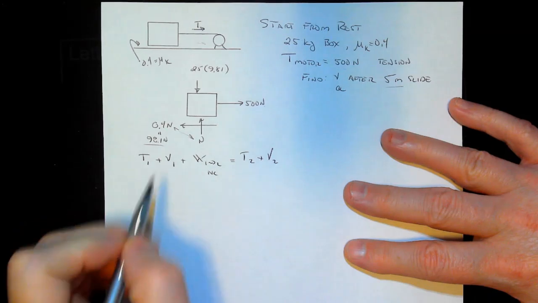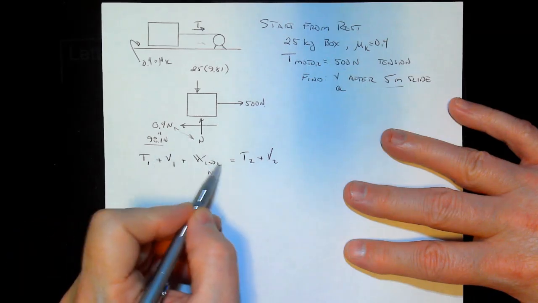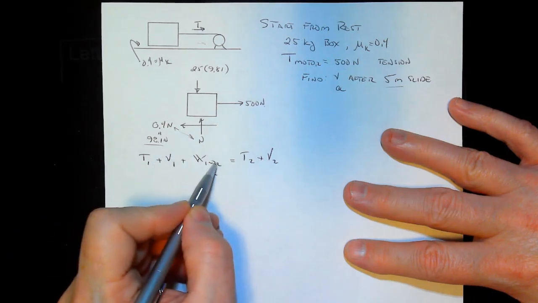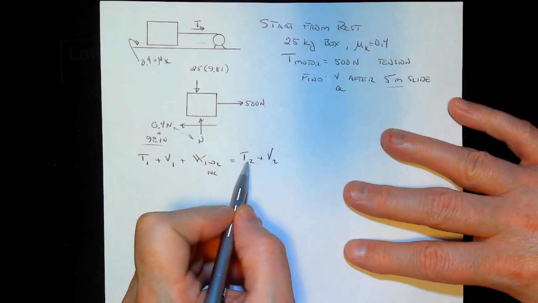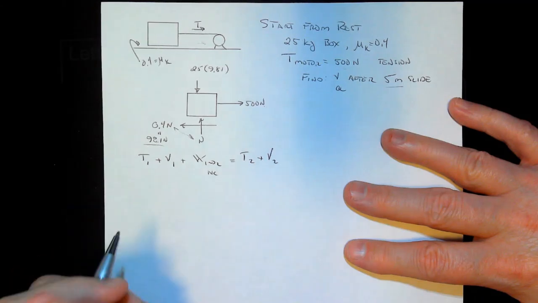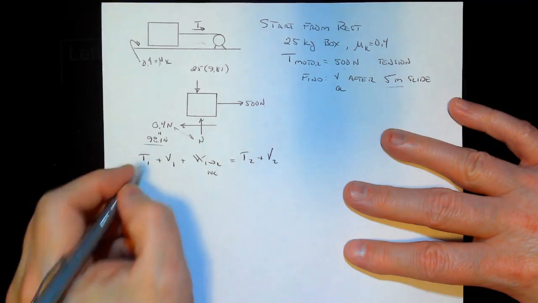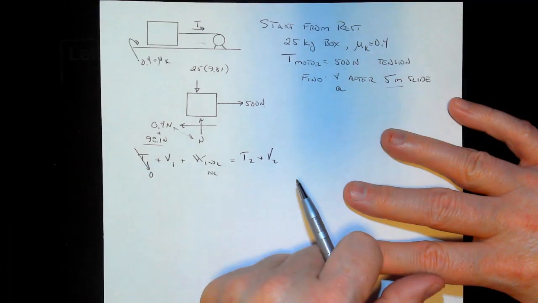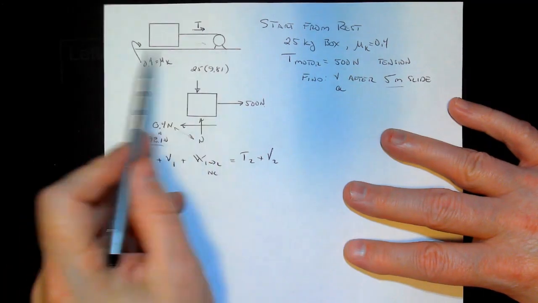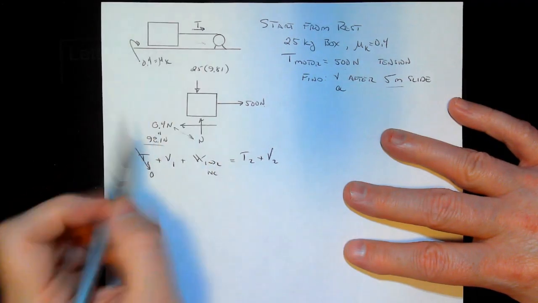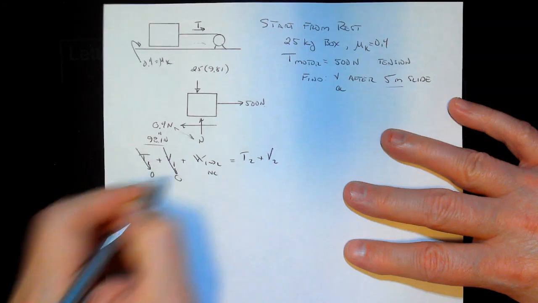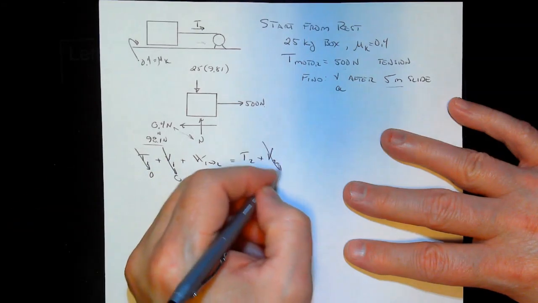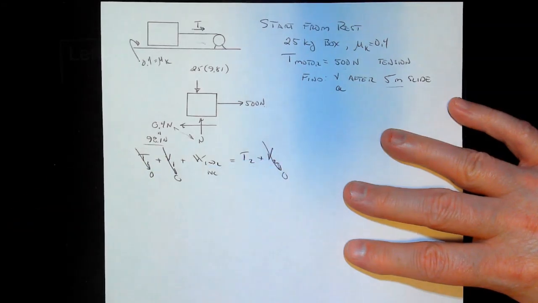So initial kinetic and potential energy plus the non-conservative work going from state 1 to state 2 is the second kinetic energy plus potential energy. We're told it starts from rest, so T1 goes away. We'll deal with ground as being 0, so no change in height, V1 is 0. By the same token, V2 is 0.